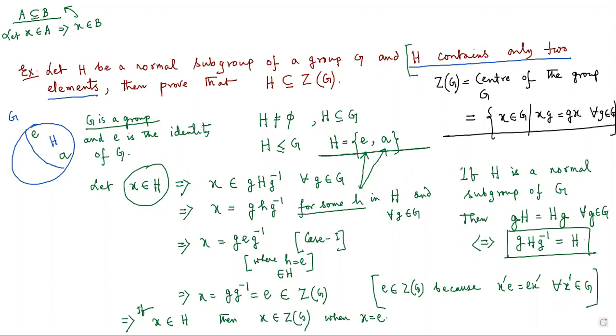So in the next page, I'm writing case 2, where I'm assuming that the element X that I'm choosing from the set H is not an identity element.